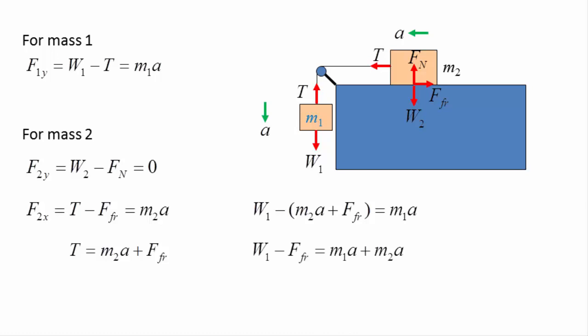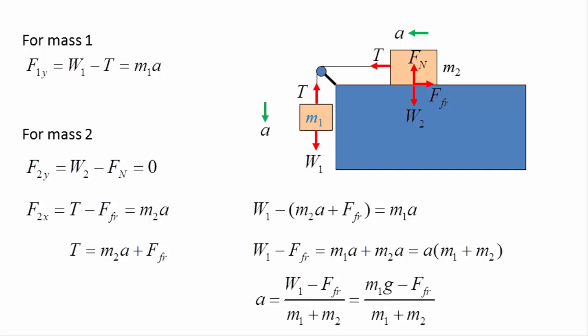Now we can transpose this equation to solve for acceleration, which gives us the acceleration being equal to the weight of mass 1 minus the frictional force divided by the sum of mass 1 and mass 2. And of course, the weight of mass 1 is equal to the product of mass 1 and acceleration due to gravity. So we now have a solution for the acceleration of the connected masses, which is dependent on the mass of the two objects and gravity as well as friction.